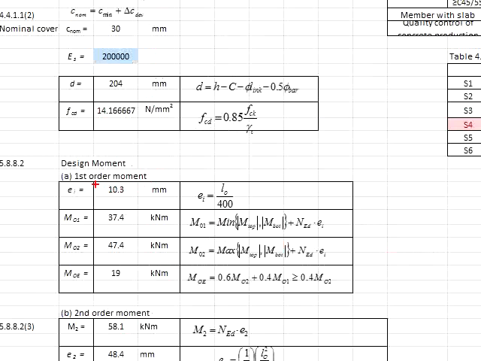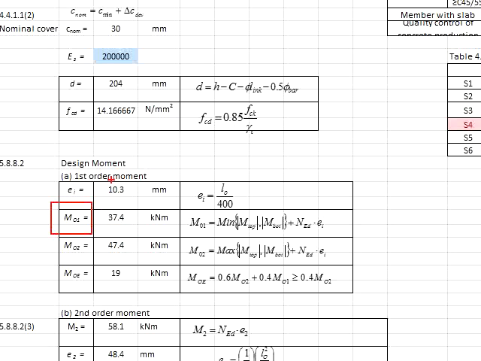With that, you obtain the EI equals to 10.3 mm. The M02 will be the 35 plus the moment due to the NED times EI, which is equal to 47.4 kilonewton meter.